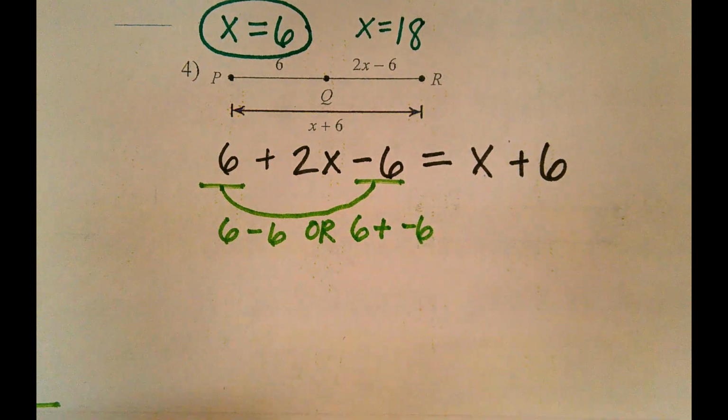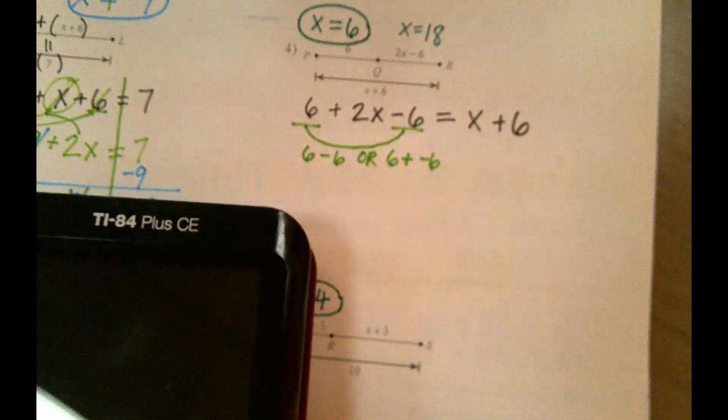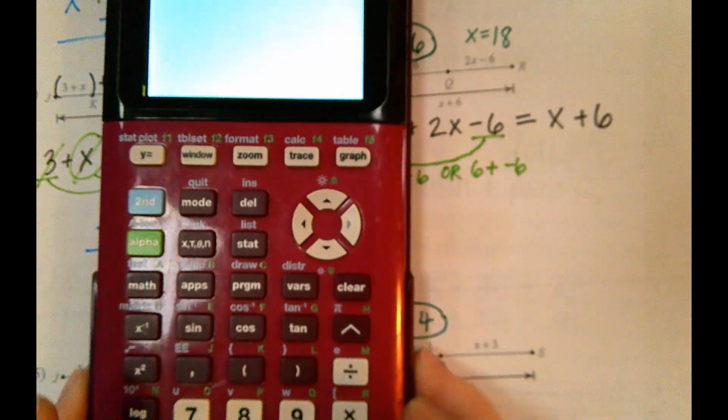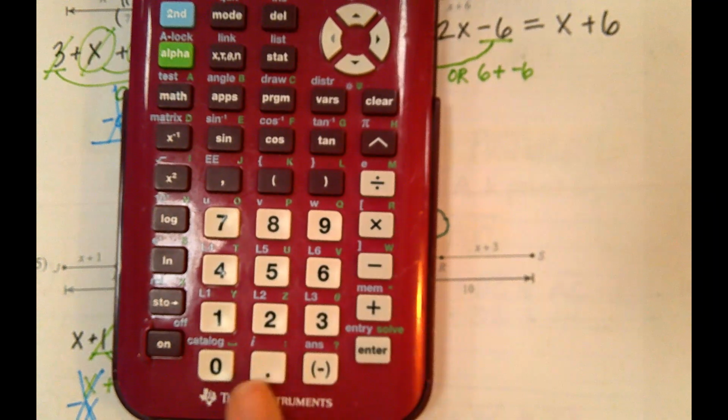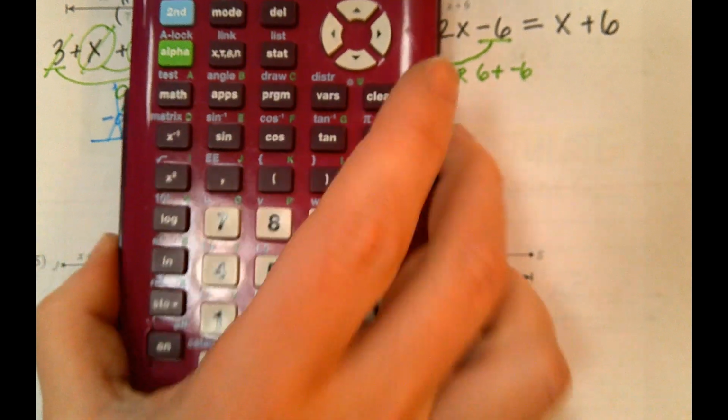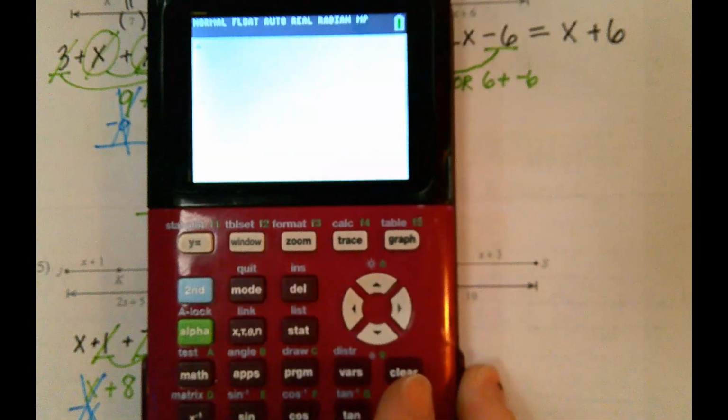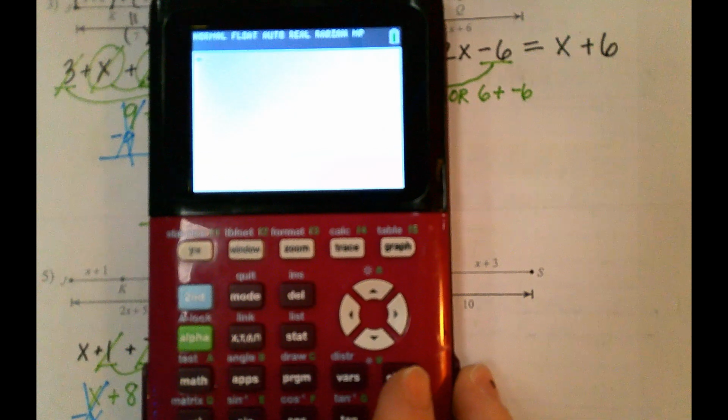Now, in your calculator, let's make sure we all know how to type in negatives. At the bottom of your calculator, right next to the period or the decimal, there is in parentheses a minus sign. Push that first, and it will pop up on your screen.